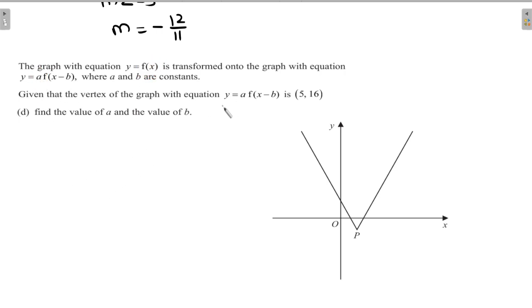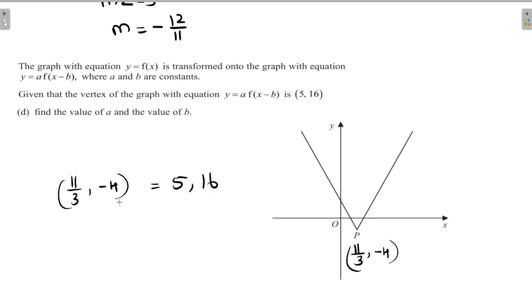So let's find out. This vertex is transformed here to 5, 16. Already we have found the point P is 11 by 3, minus 4. So this point is translated to 5, 16.